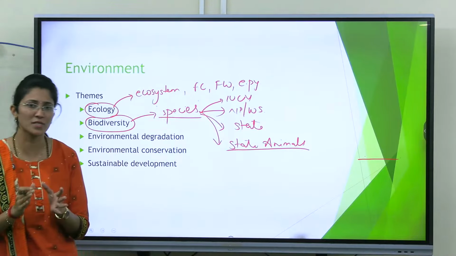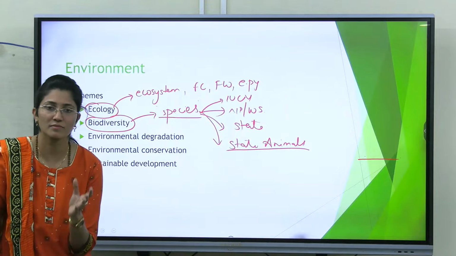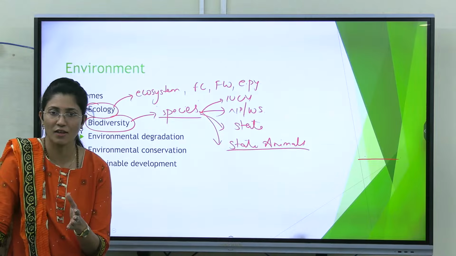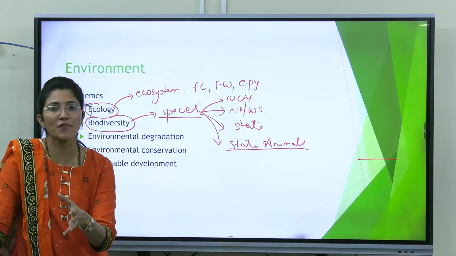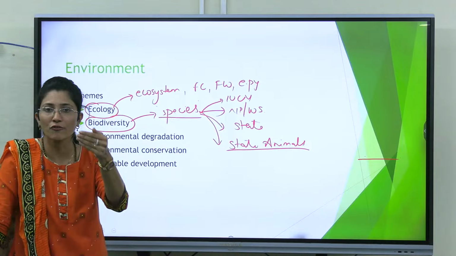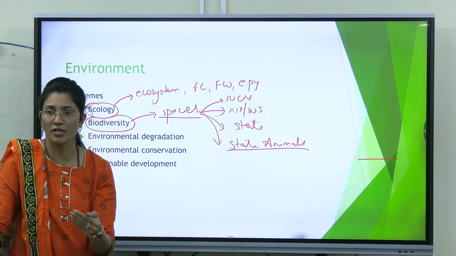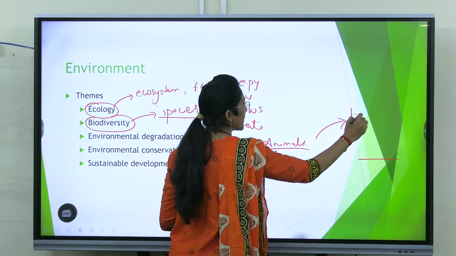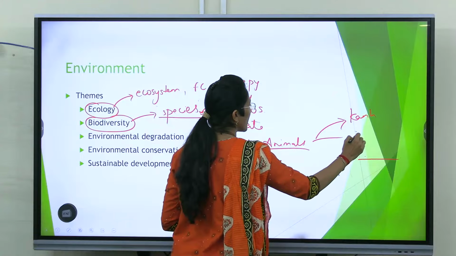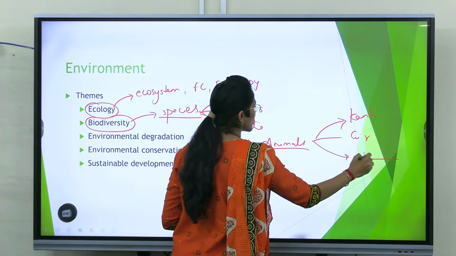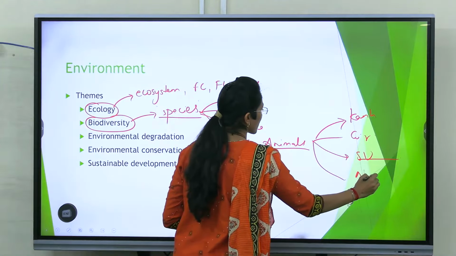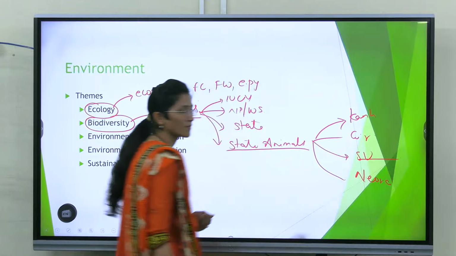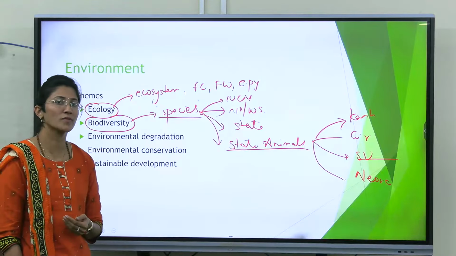Why? Because sometimes they'll give a question like this. Red panda. So this red panda is found in, and they'll give 4 national parks. For example, assume that Kanha National Park, Gir National Park, Silent Valley National Park, Neora National Park. So which one will you choose?